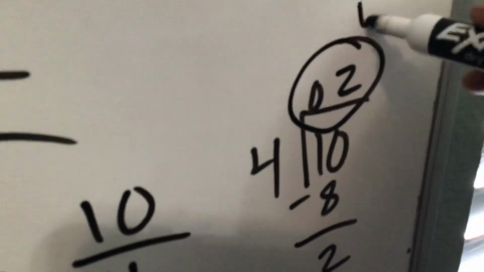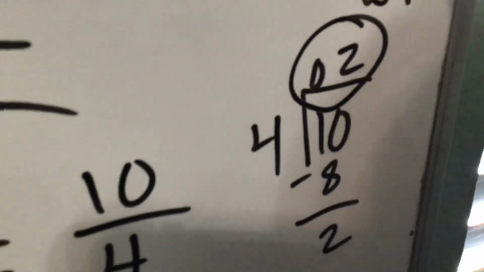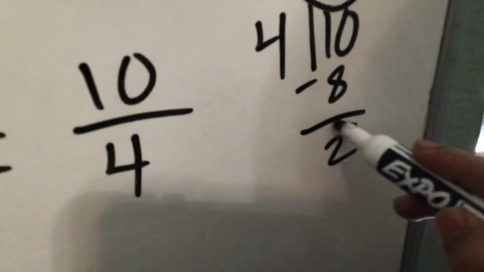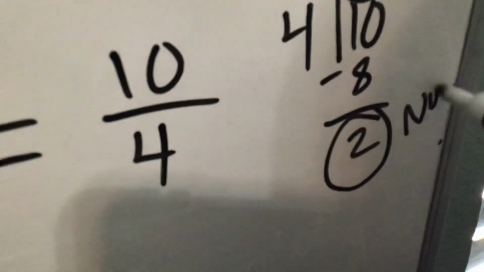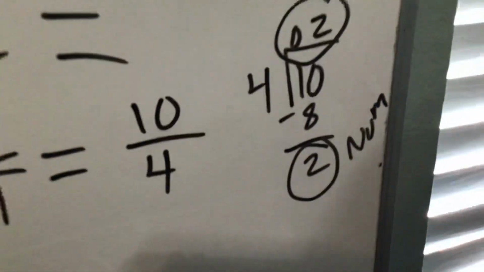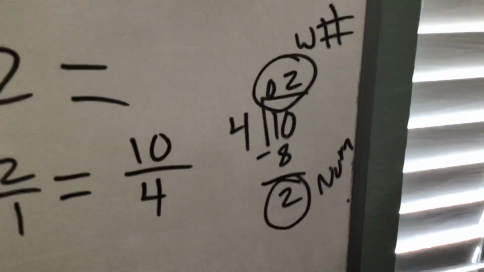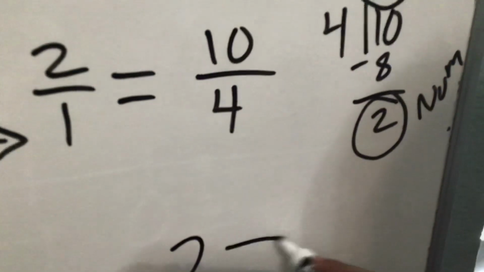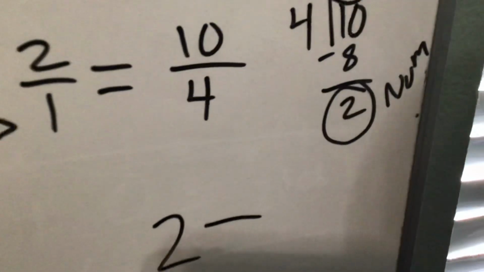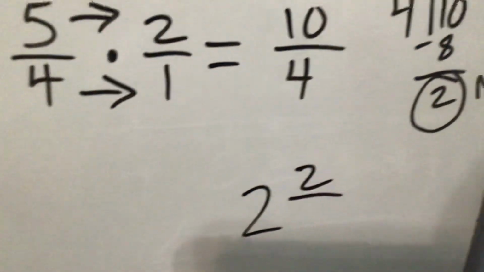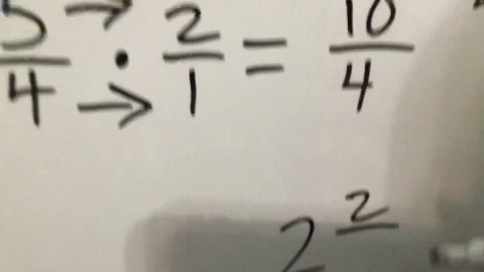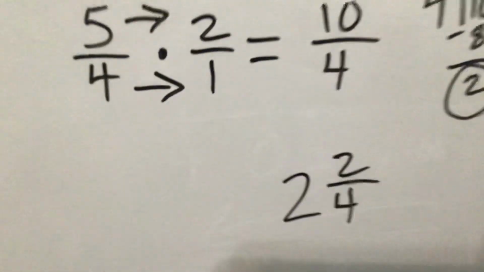That 2 represents our whole number. The remainder is my numerator, and my denominator stays the same. So my answer is my whole number 2, and then my numerator is 2, and my denominator is a 4. So my answer is 2 and 2/4.